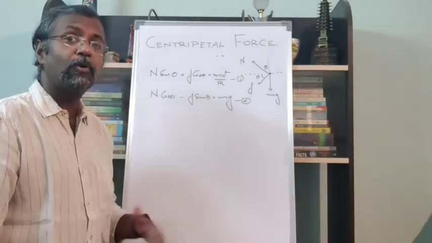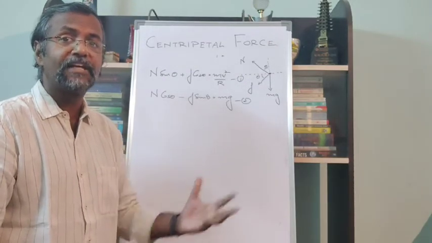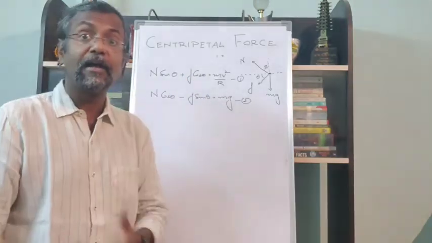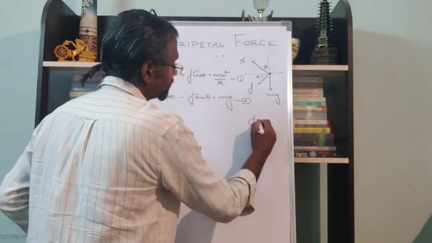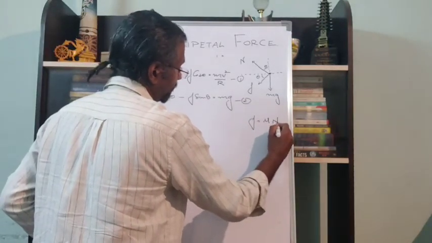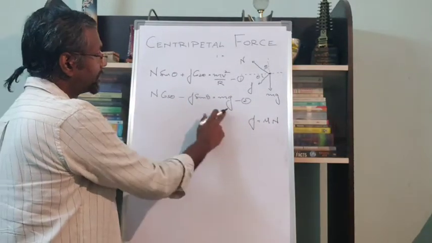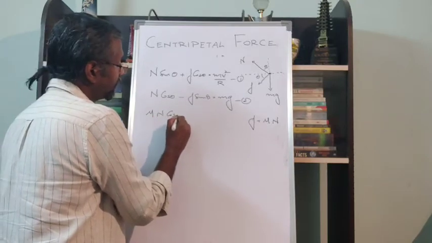Now we want to find the maximum velocity, the maximum speed with which the car can take the curve. The condition for maximum velocity would be maximum friction, and we know that the condition for maximum friction is F is equal to mu N, right? So we're substituting that in the second equation.